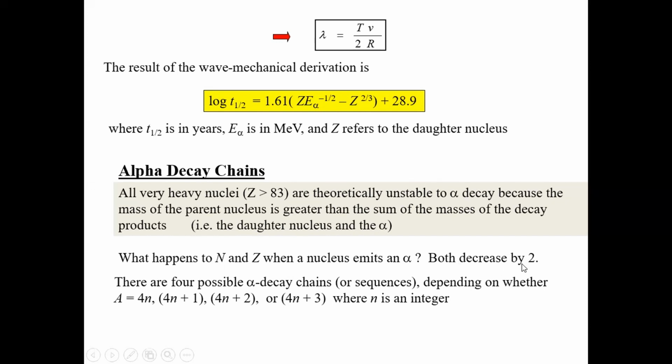Both decrease by 2, and therefore 4 possible alpha decay chains exist, depending on whether A is 4n, 4n plus 1, 4n plus 2, or 4n plus 3, where n is an integer. And we will see how this dependence goes.